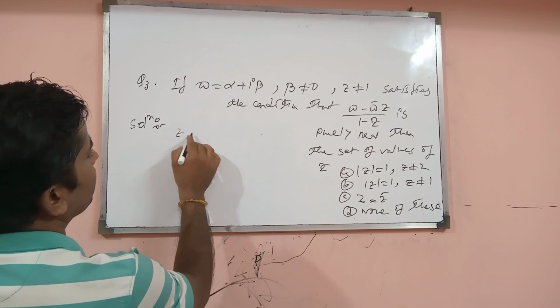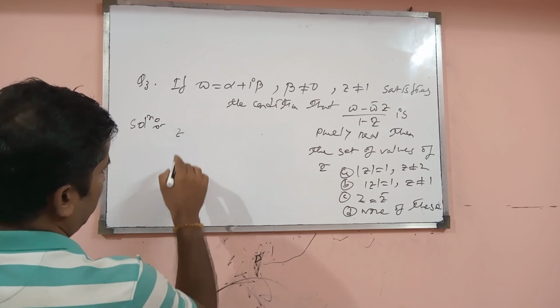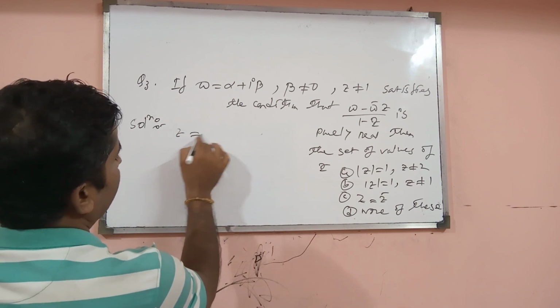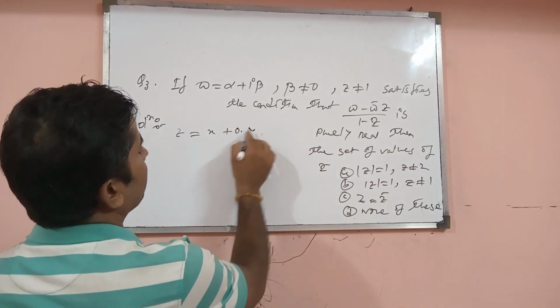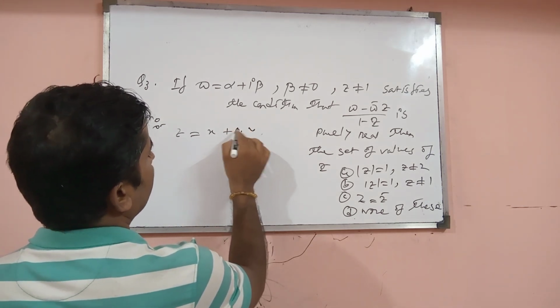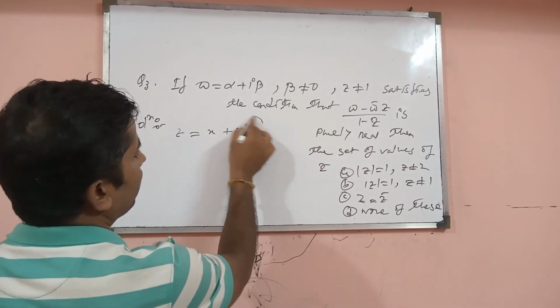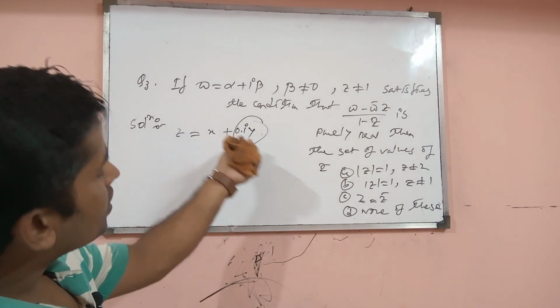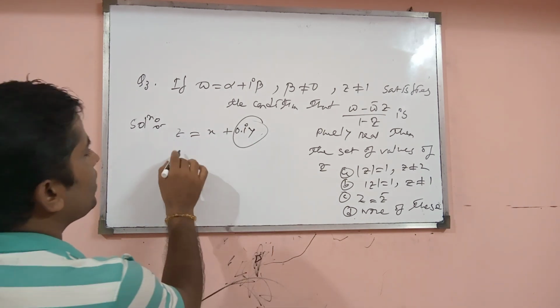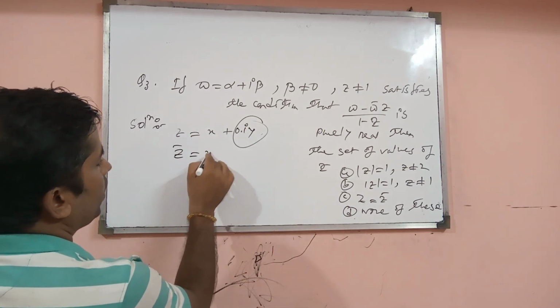suppose z is a complex number and it is purely real, then it would be like this: x plus 0 iy, okay? Then z bar would be x.